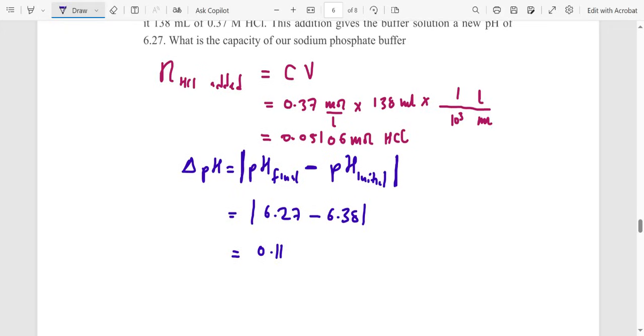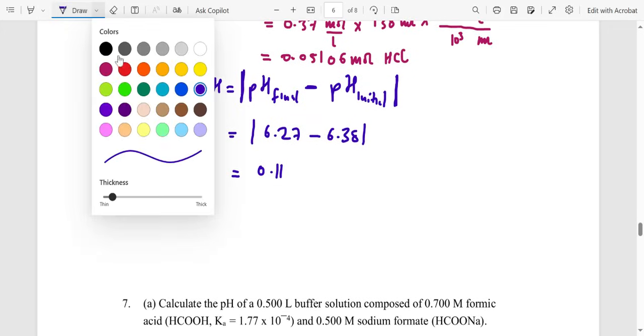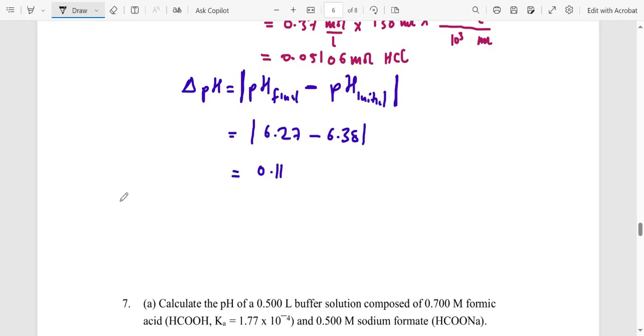So how do you determine the buffer capacity? After you find these two terms, the symbol is beta. Buffer capacity is given as the change in the number of moles divided by the change in pH.